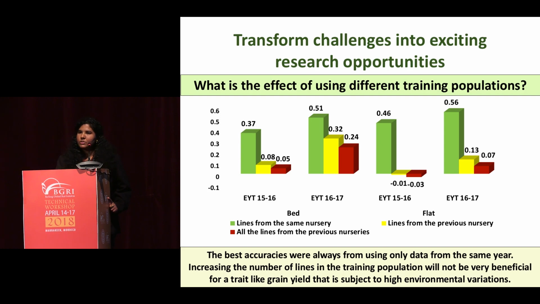And the red bar shows the accuracies you get when you use about 3,000 lines from the past nurseries to predict this nursery. As you can clearly see, you have a steep decrease in accuracies when you use other nurseries to predict this nursery. That's a huge impact of G by E and environmental variations, which leads to a decrease in the accuracies when you start looking across different years.